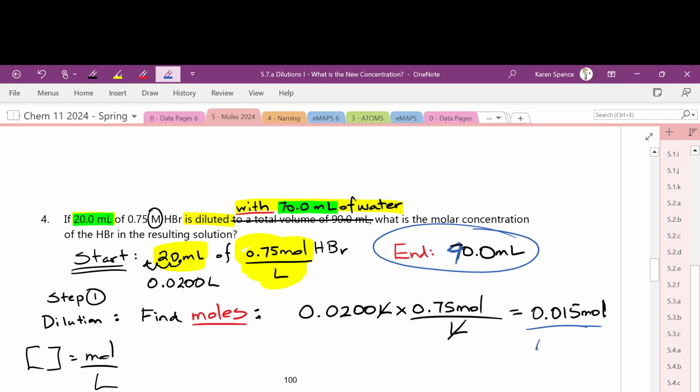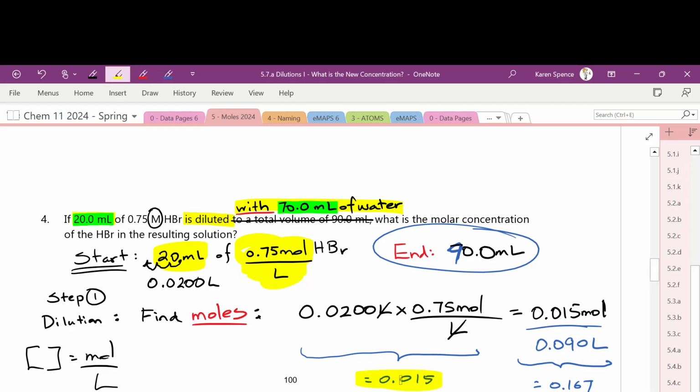Okay. And they'll put 0.090 liters. Tell me what is wrong with that. Is the left-hand side of the equation equal to the right-hand side of the equation?